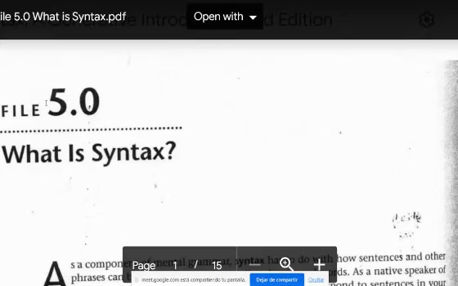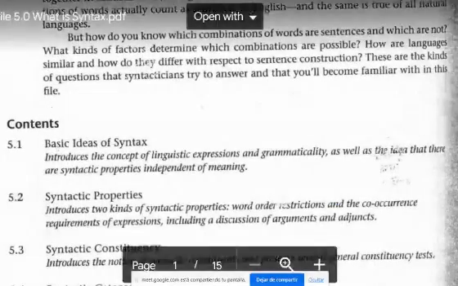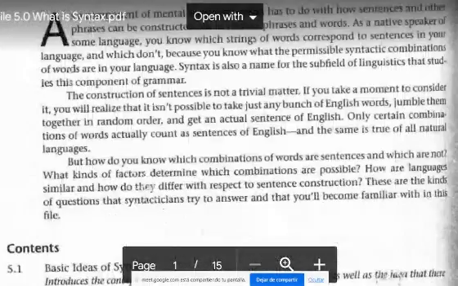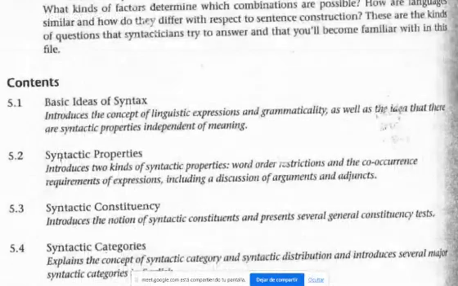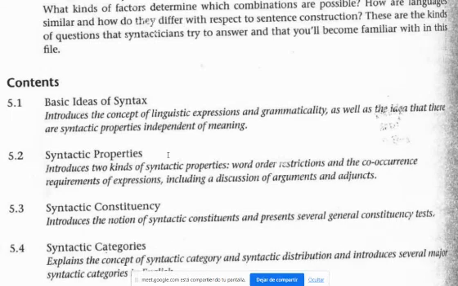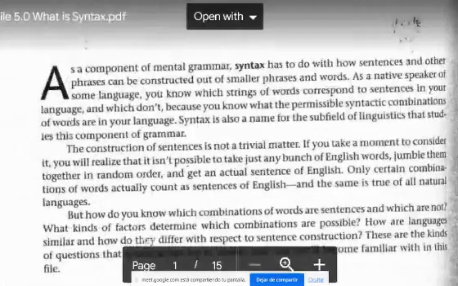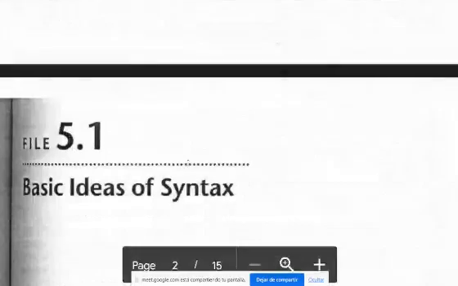In this file, file 5.1 talks about the basic idea, what is syntax, and syntactic properties. What are the syntactic properties that we have? Let's see.